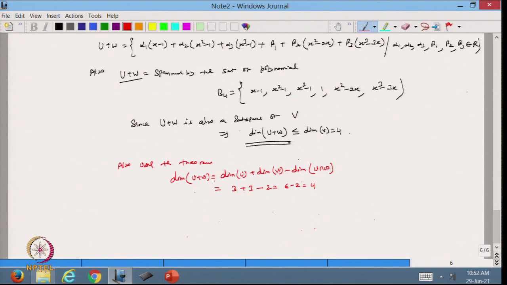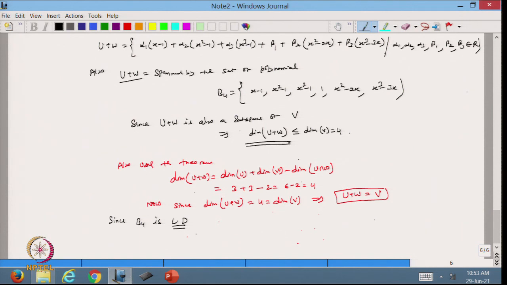Since the dimension of u plus w is 4, which is equal to the dimension of V, it implies that u plus w itself is equal to V. Since B4 is linearly dependent, because if the vector space has dimension 4, then any more than 4 vectors will always be linearly dependent.